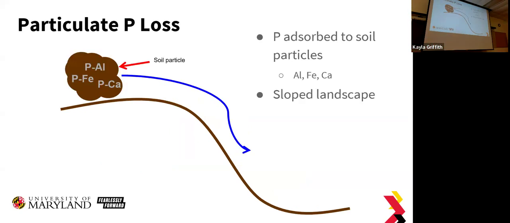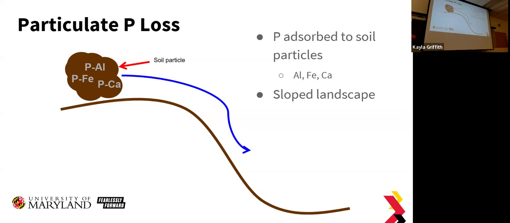All right, so let's talk about particulate P loss, all right? In this transport pathway, our phosphorus is part of a soil particle, all right? So maybe there's some iron, maybe there's some aluminum, there's some type of chemistry happening in that microscopic soil particle that I zoomed in on that is holding phosphorus in it, all right?